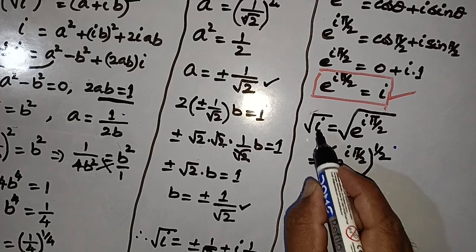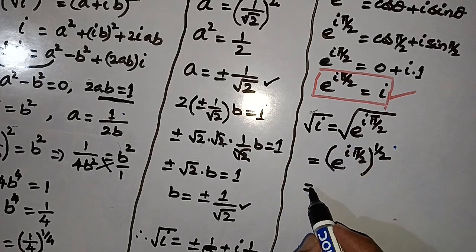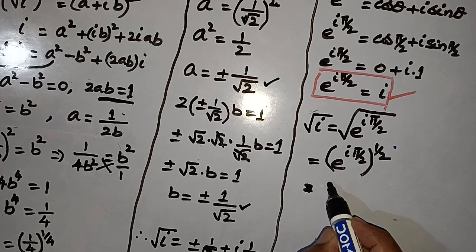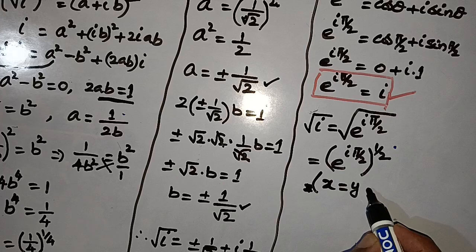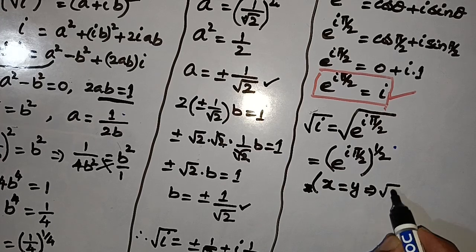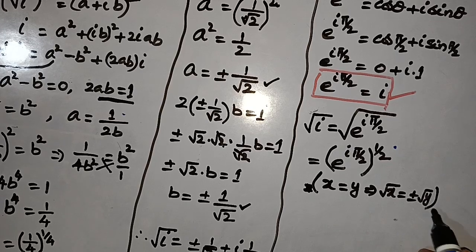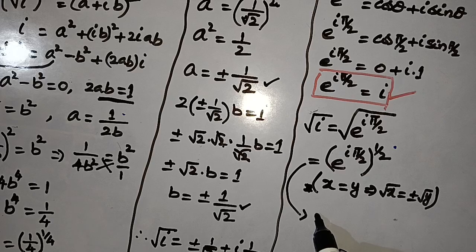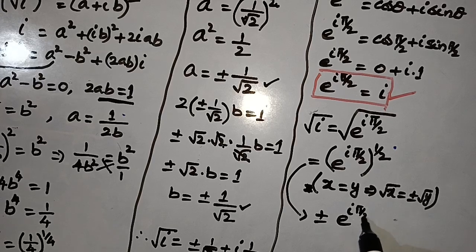When we extract the square root of a number it is plus or minus, that means if x is equal to y, that implies root x is equal to plus or minus root y. So that's why we can take it as plus or minus e to the power of i pi by 2 whole to the power of 1 by 2.